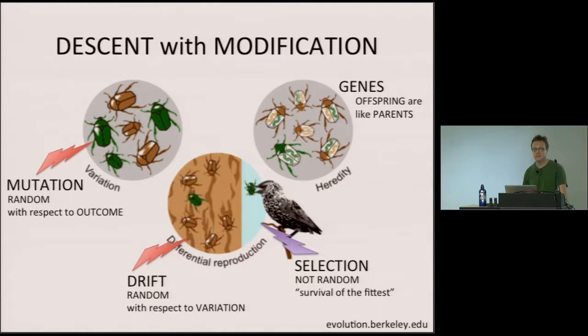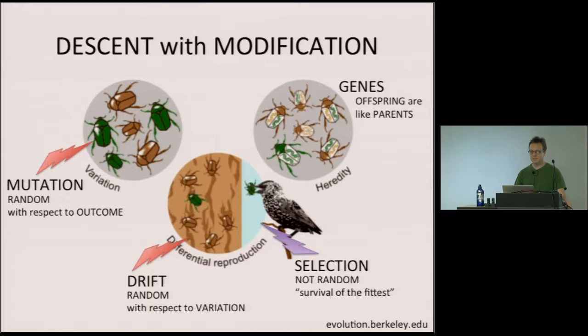And we talked about the three things that you need for descent with modification. You need some kind of variation, and ultimately that variation comes from mutation, which is random with respect to the outcome of that mutation. You need heredity, so you need some way for offspring to inherit the characteristics of their parents, so offspring are similar to their parents.